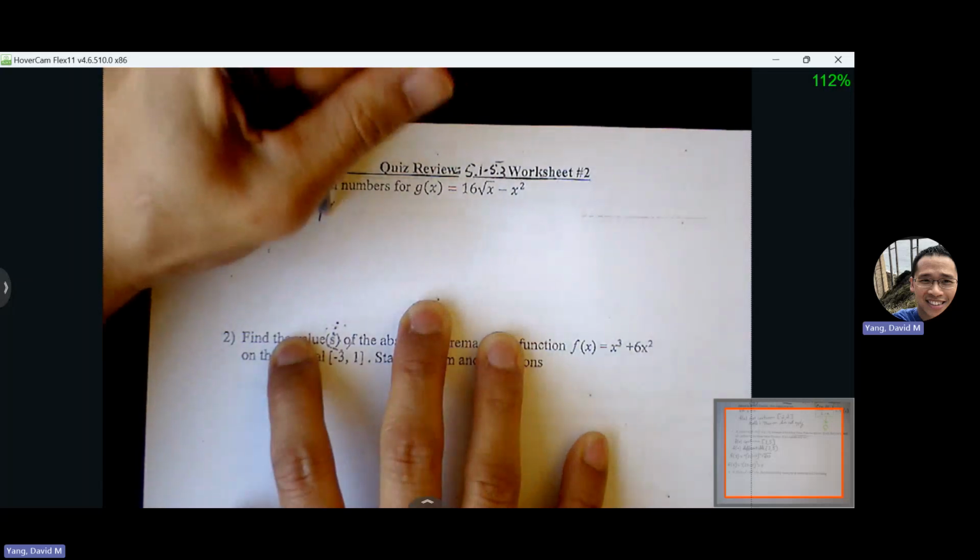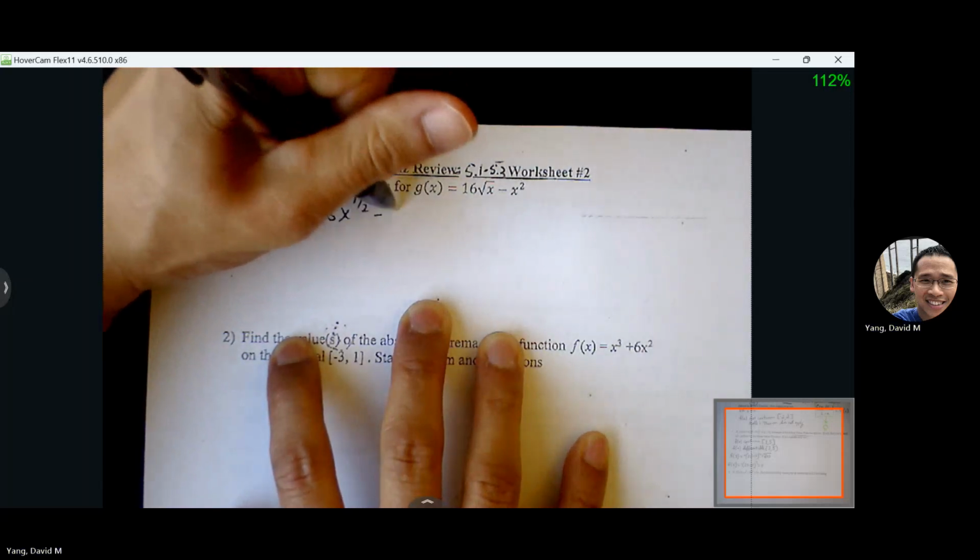Let's get that square root to be ready for power rule.